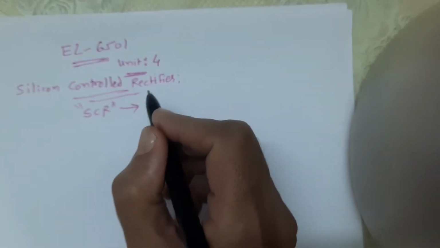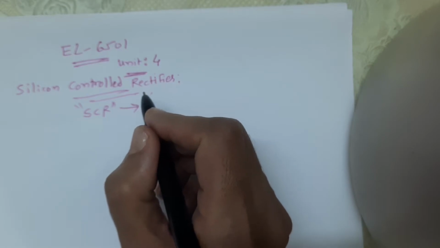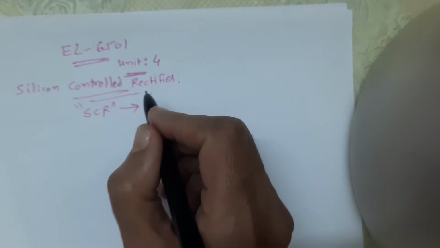It is a three-terminal semiconductor device which is probably the most important circuit element after the diode and the transistor.